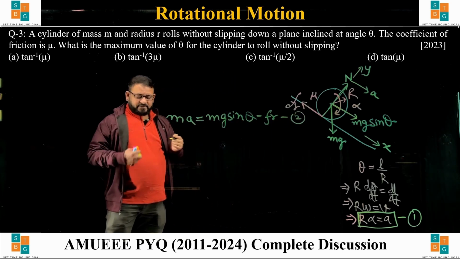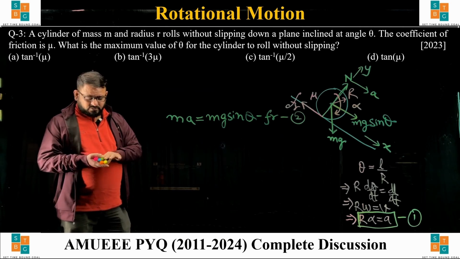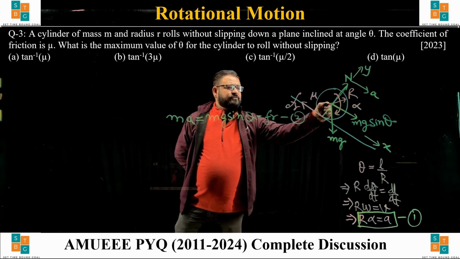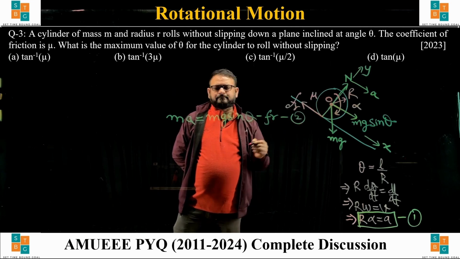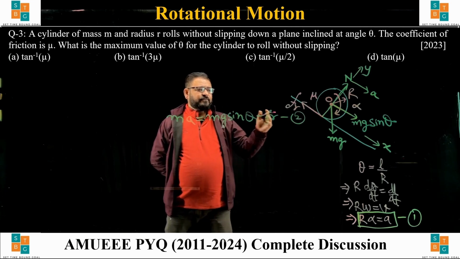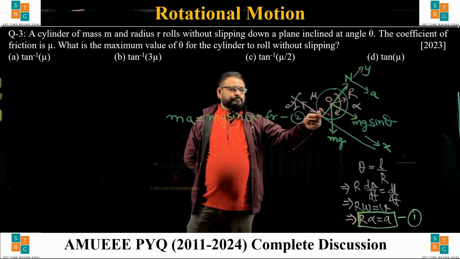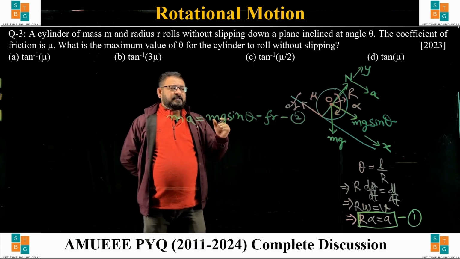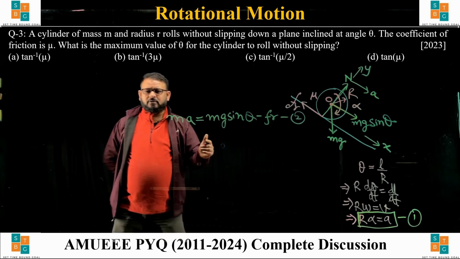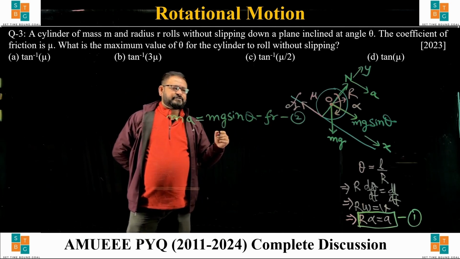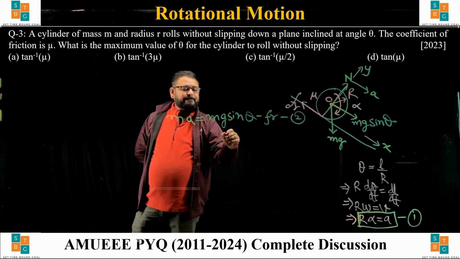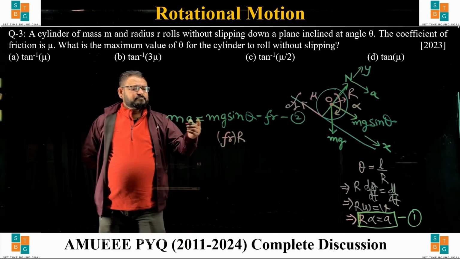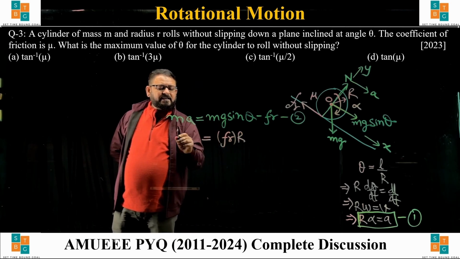Now the third equation we have to consider for the rotational motion. You can see this is rotating about this axis O. Okay, all the forces mg and normal reaction pass through the center, so there will be no torque due to them. Torque will be due to what? It will be due to friction. So Fr into the radius of the cylinder equals I alpha.